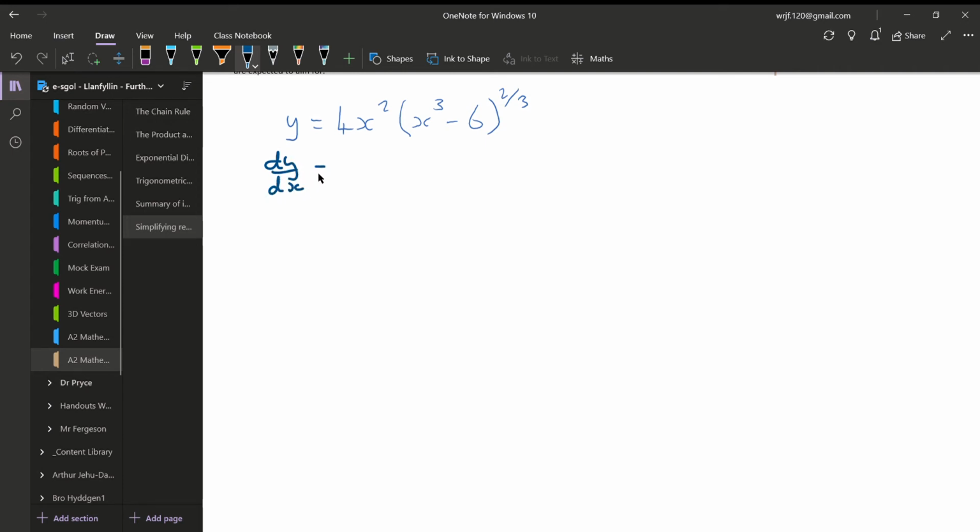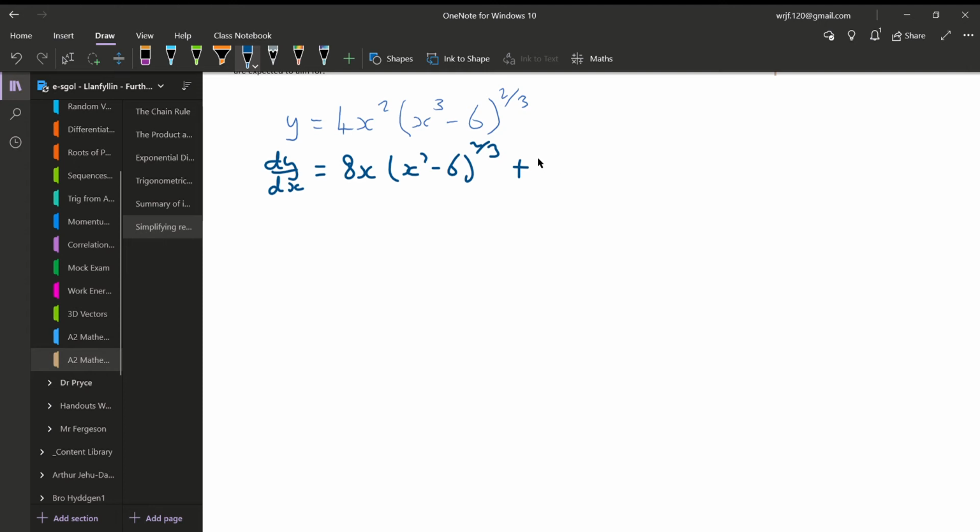I got dy by dx equals 8x times (x cubed minus 6) to the power of 2/3. And then I got a second term, so there's my first term. Cubed on the x isn't very clear, but I hope to remember that.